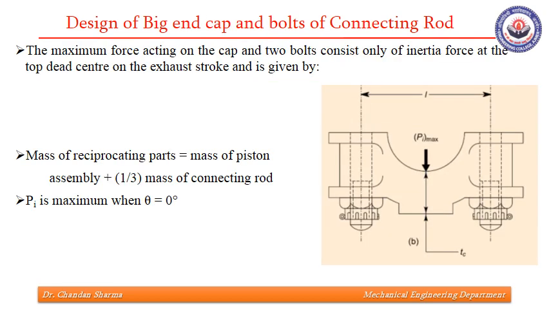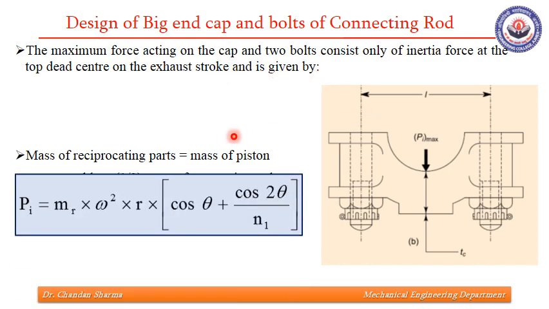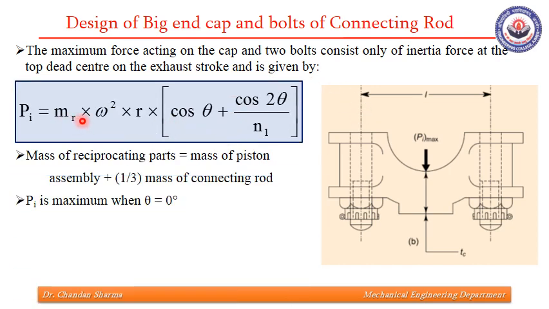We have designed the small end bearing, the big end bearing, and the cross section of rod. What else? Big end cap and bolts. Now, the maximum force acting on the cap and two bolts consists only of inertia force at the top dead center on the exhaust stroke, and is given by mr omega square r into cos theta plus cos 2 theta over n1.